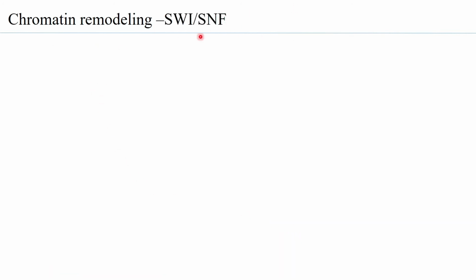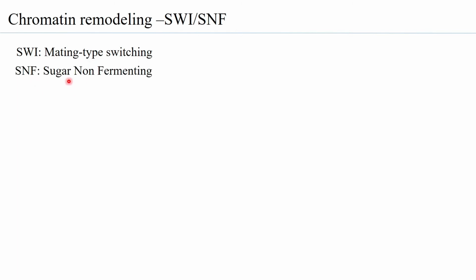We will look at SWI/SNF in a little detail. SWI basically stands for mating type switching, and SNF stands for sugar non-fermenting pathway.